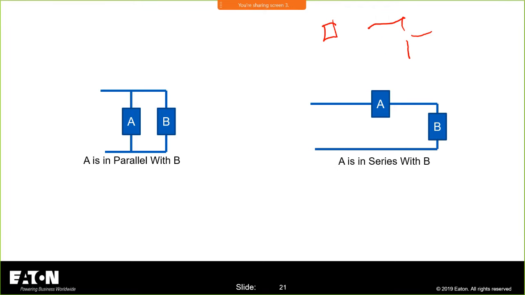Same philosophy here. If I am in a parallel nature, I have my hot and my neutral, and I cut this down. We call that a high energy arc, because I've taken the load out of the picture, I've shortened up my circuit, and I can have higher fault currents. They found that if you go all the way out to the last receptacle, UL and NEMA members did a study.